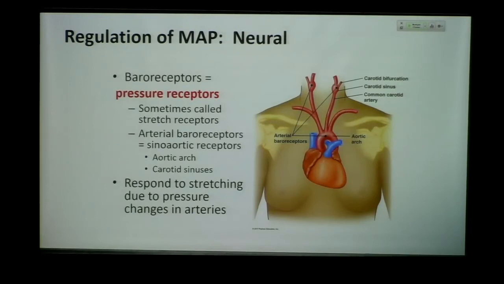Okay, so the first type of baroreceptors we'll speak about are called arterial baroreceptors. They're located in two strategic areas. The carotid sinus, which is this swelling that has these nerve endings just proximal to where the carotids bifurcate, where they split off into internal and external.